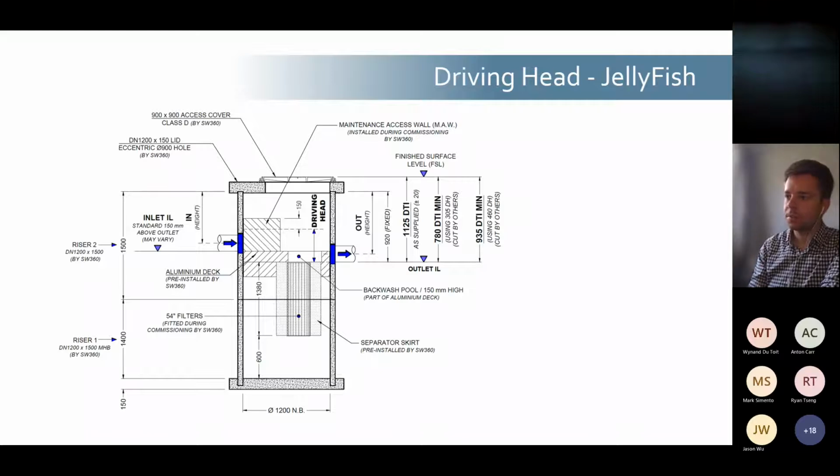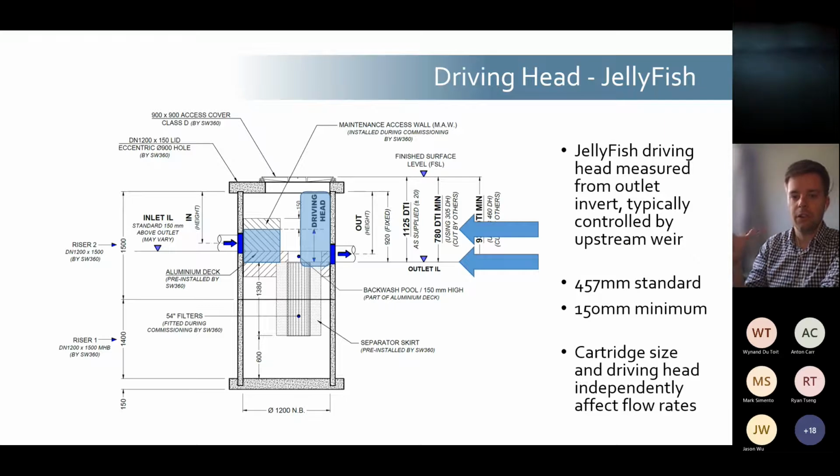For the JellyFish, the driving head is shown here on the drawing. And as you saw on the video, water builds up behind the maintenance access wall. That gives us the driving head definition. The driving head is measured from the outlet invert, and that is typically controlled by an upstream weir or overflow baffle within the JellyFish.